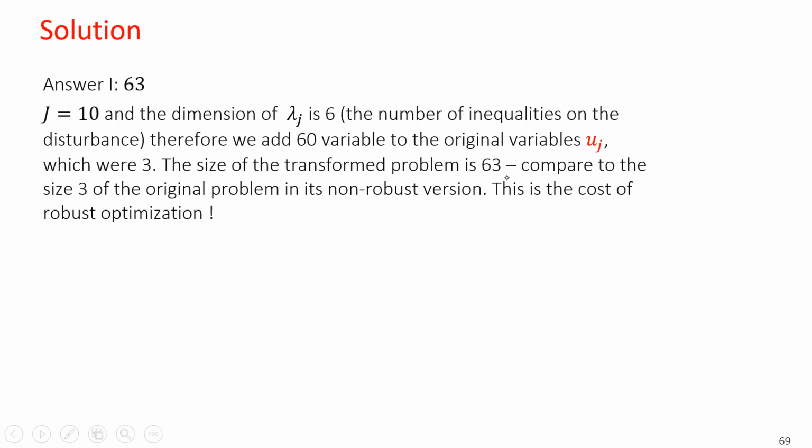If we add more control, we will probably get closer to 70. So the price to pay is essentially the removal of the robust constraint. That's the cost of robust optimization. It's a technique that is quite often used, but of course it amplifies the size of the problem.